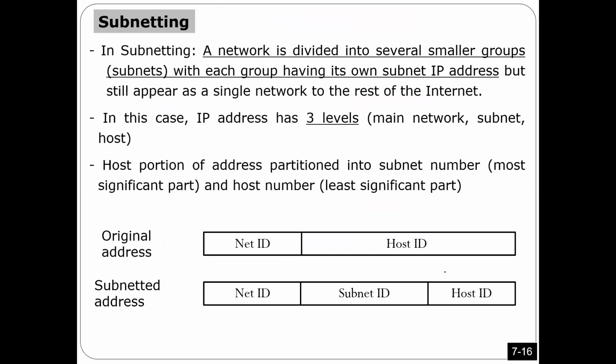I told you in this chapter that any IP address has two parts, as we see here. One part for the network ID and one part for the host ID. When I say host, it means computer ID.